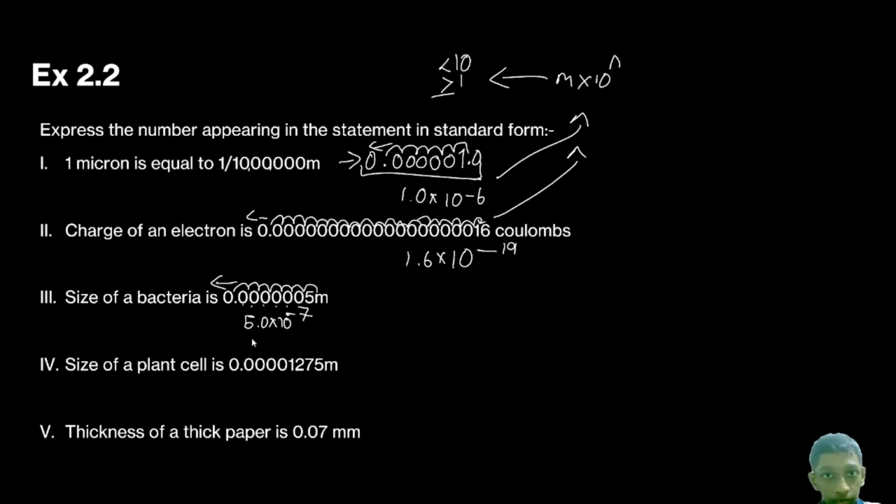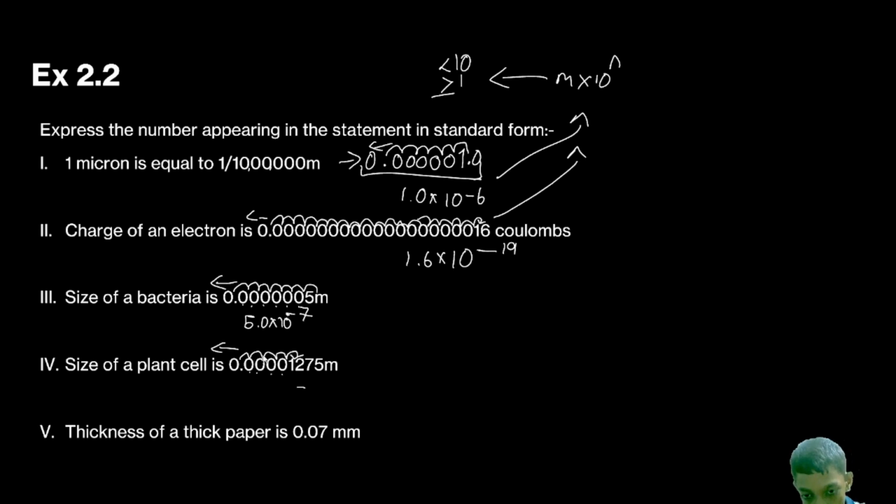Let's move to the fourth one. Size of a plant cell is 0.0000127 meters. So now let's see how many places it has to shift. The decimal is at the left side, so we will have a negative exponent. Let's see how many places it has to shift so that we get the value of the exponent. 1, 2, 3, 4, and 5. 1.27 is greater than 1 and less than 10.